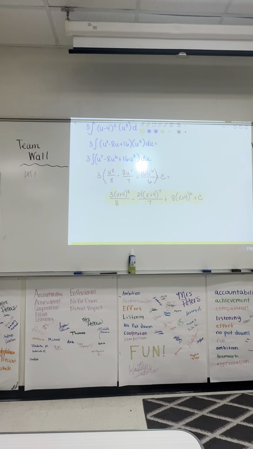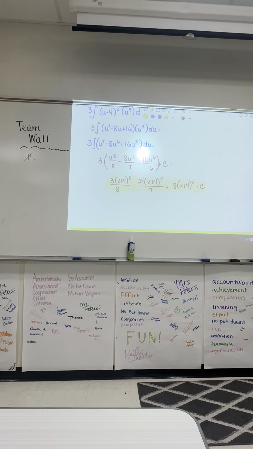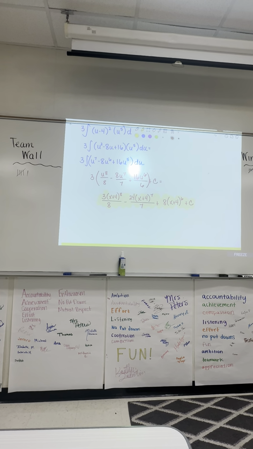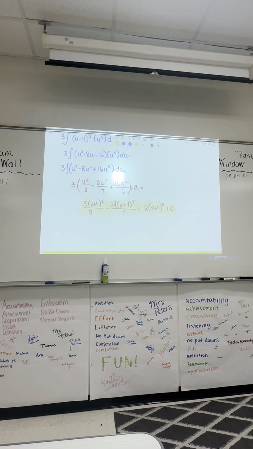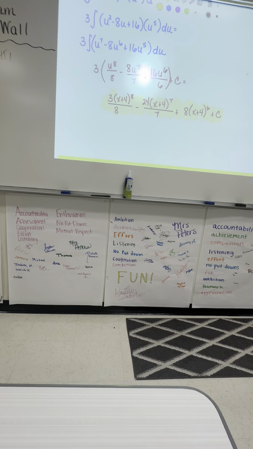Is that what y'all got? I got to where, like, the second to last. Okay, right before the answer, I got there. Now I'm just trying to figure out how I get to it. I just distributed the 3 to each one of the terms and then plugged my u back in.